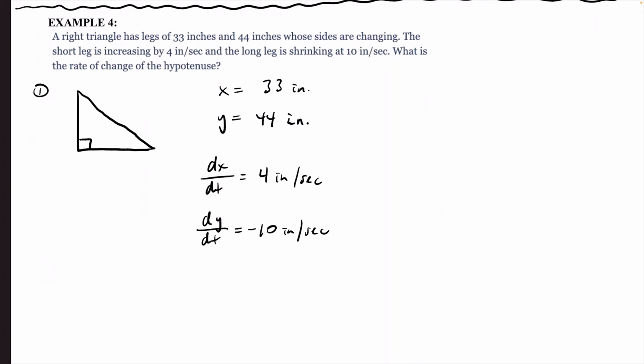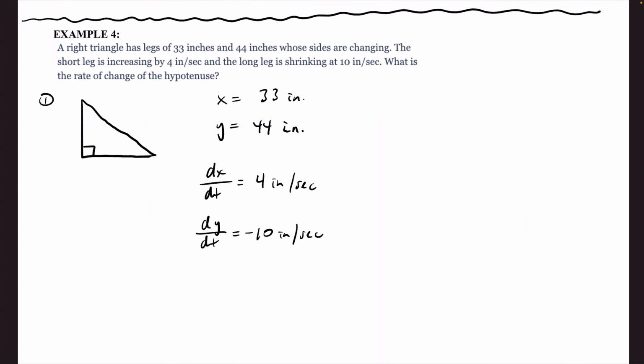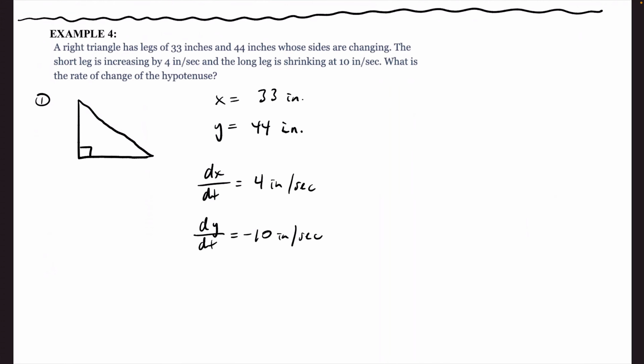So we don't know the hypotenuse, right? Can we find the hypotenuse? Yeah. That's where we use a squared plus b squared equals c squared, right? So one of them is 33 inches, one of them is 44 inches.